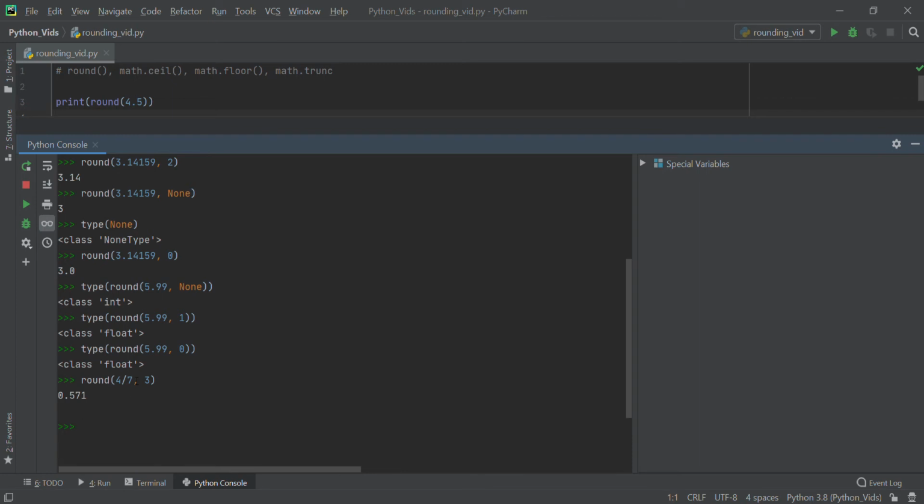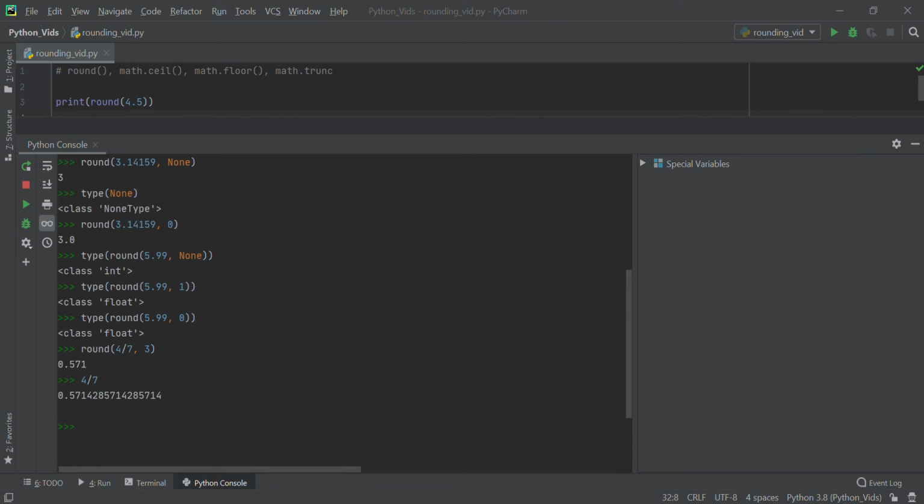Well, first, the computer takes 4 divided by 7, okay, which, as you see, is this long string of numbers. And then it says, okay, well, we're going to round this to 3 decimals. And indeed, as you saw, it did. It gave you 0.571, which is this, to 3 decimals.